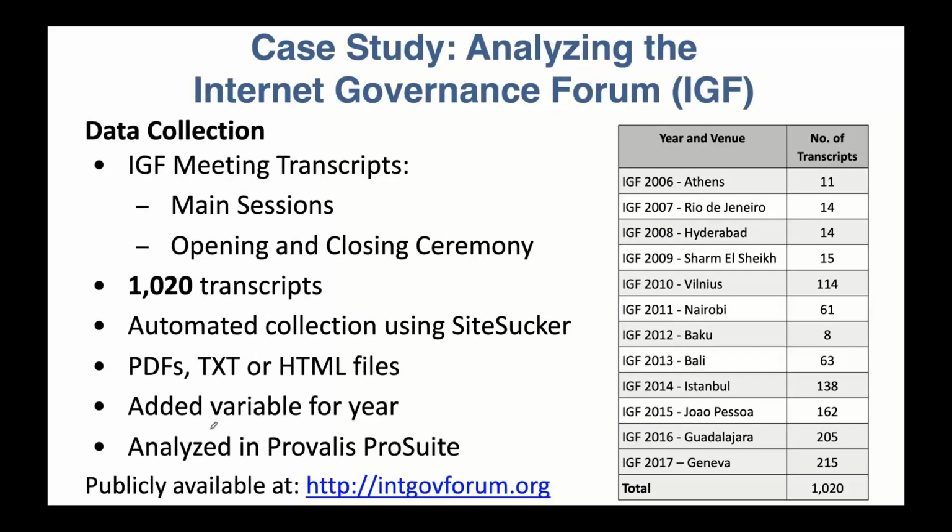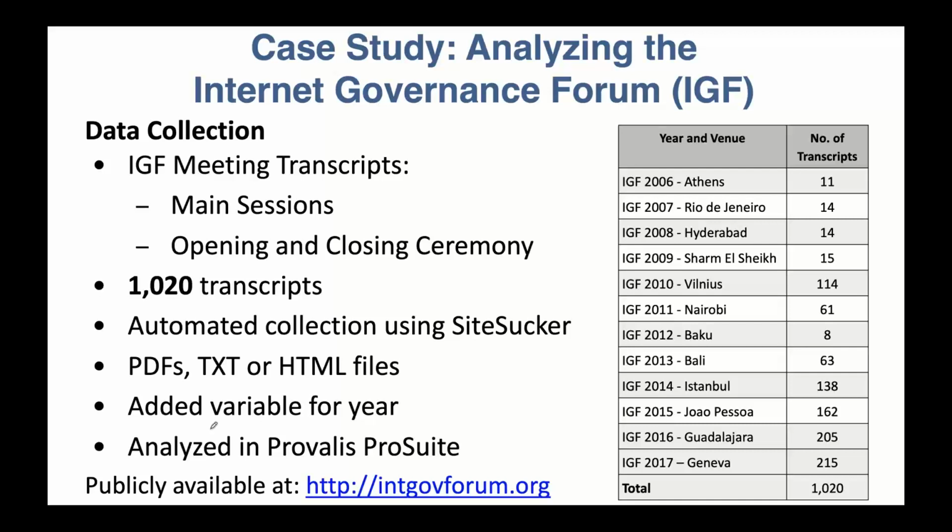Now, the nice thing for us, as I mentioned, in the internet governance field there are tremendous opportunities for access to big data for text analytics. So one of the decisions that they made back in 2006 was to make all of the meeting transcripts available to the public. So all of the main sessions, all the opening and closing ceremonies going back to 2006 have transcripts available.